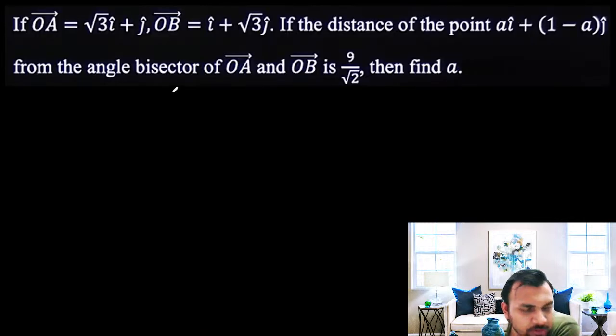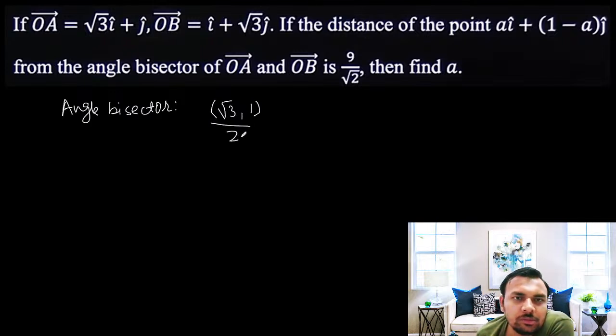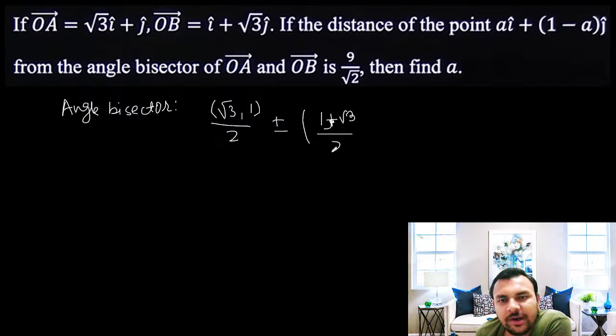A and B are vectors. The distance of the point from the angle bisector of OA and OB is 9 root 2. So the angle bisector could be (root 3 comma 1 by 2) plus minus (1 plus root 3) by 2.